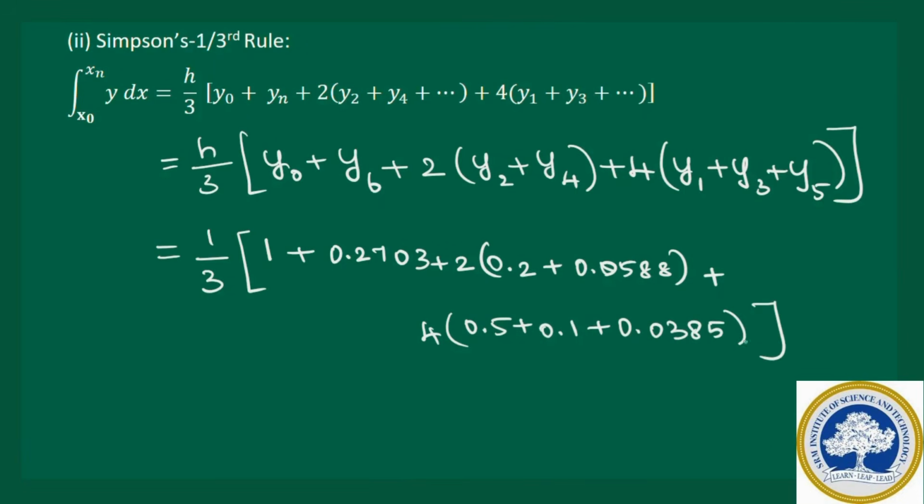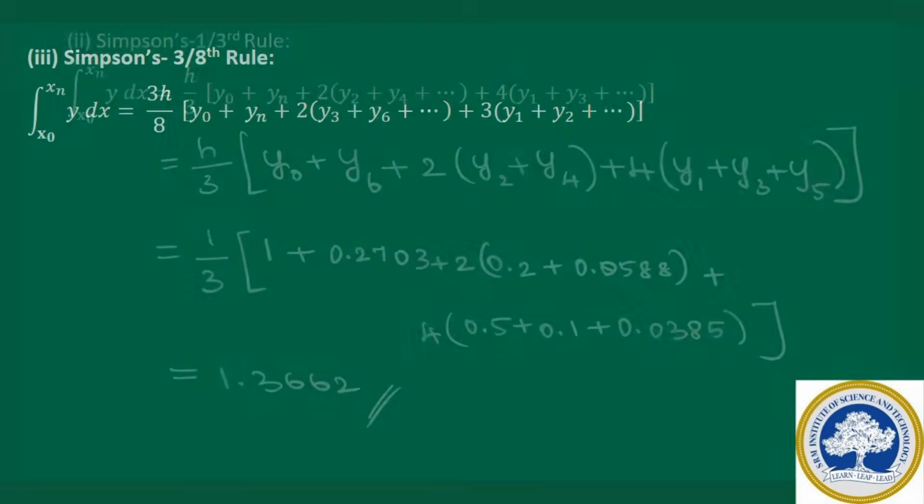Close the bracket. So now we have substituted all the respective values of y. Now after simplification, finally we will get the answer as 1.3662. So this is the answer for the integration using Simpson's 1/3 rule.